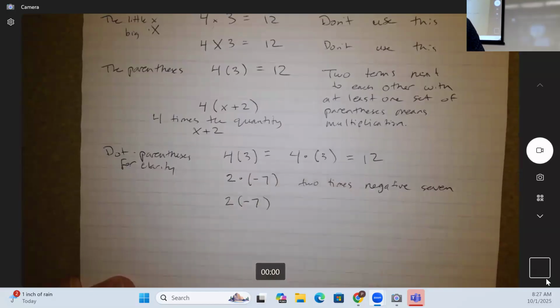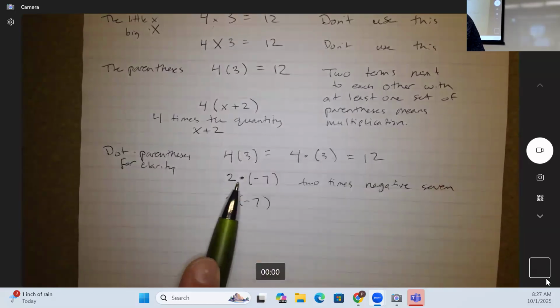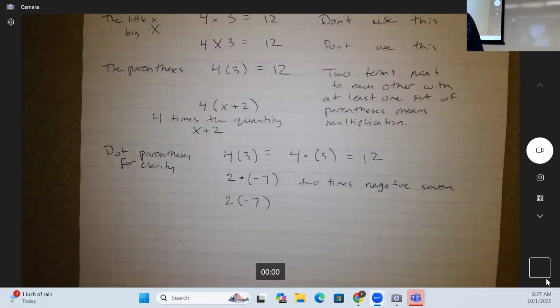You might see 2 parentheses -7, and I think it's a little more obvious I'm doing multiplication when I have the dot there as well, because I see just a minus and I wonder, wait, hold on, is that multiplication or subtraction? Even with the parentheses.